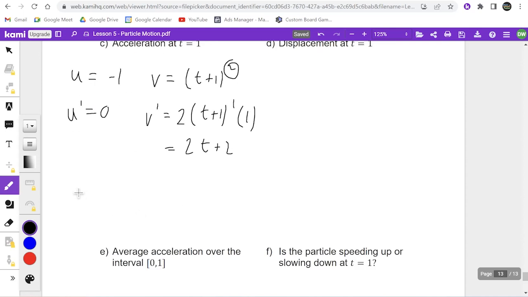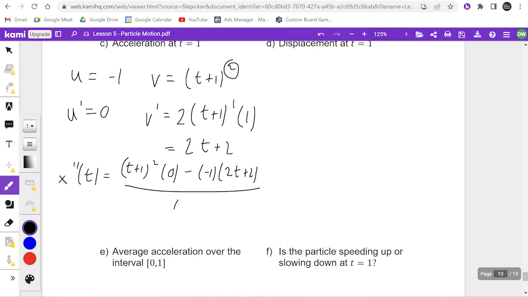So plugging in the formula, I'm going to get x double prime of t is equal to low d high, so t plus 1 quantity squared times 0. Yeah, that went to 0 again. That's kind of nice. And then minus u times v prime, so -1 times 2t plus 2, divided by the denominator squared, so that's t plus 1 squared, and then that squared. Wow. But we'll deal with that pretty easily.